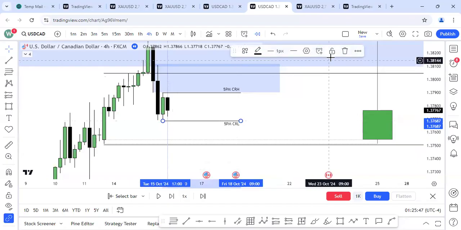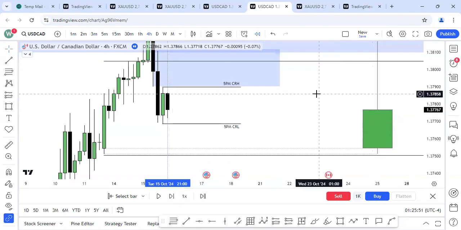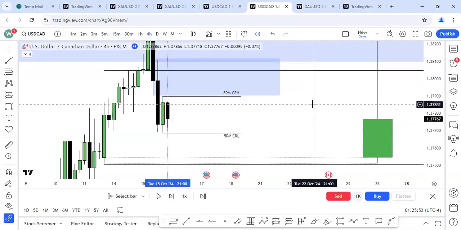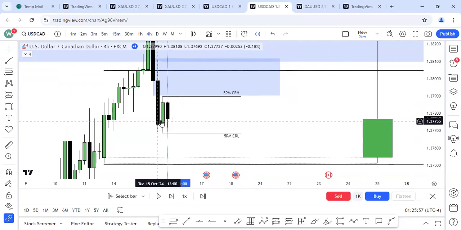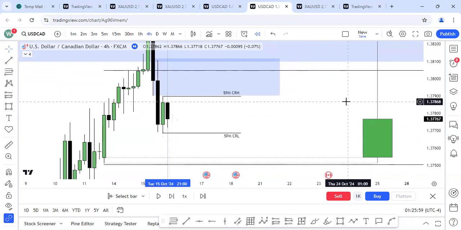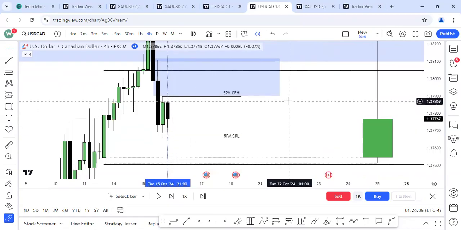Now, after that, there's something that I want you guys to pay attention to. As you can see here, in this setup on the 4 hour time frame, we had what? We had an inside bar.